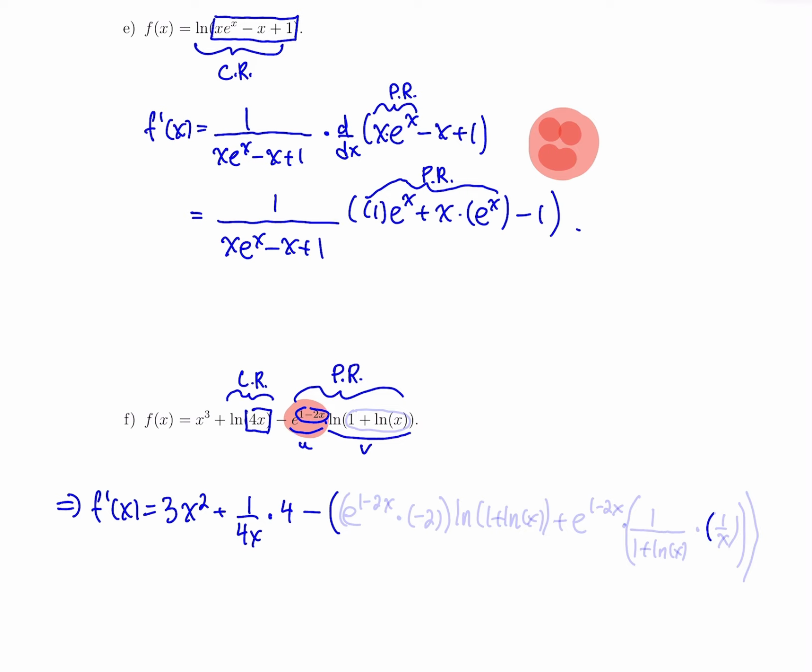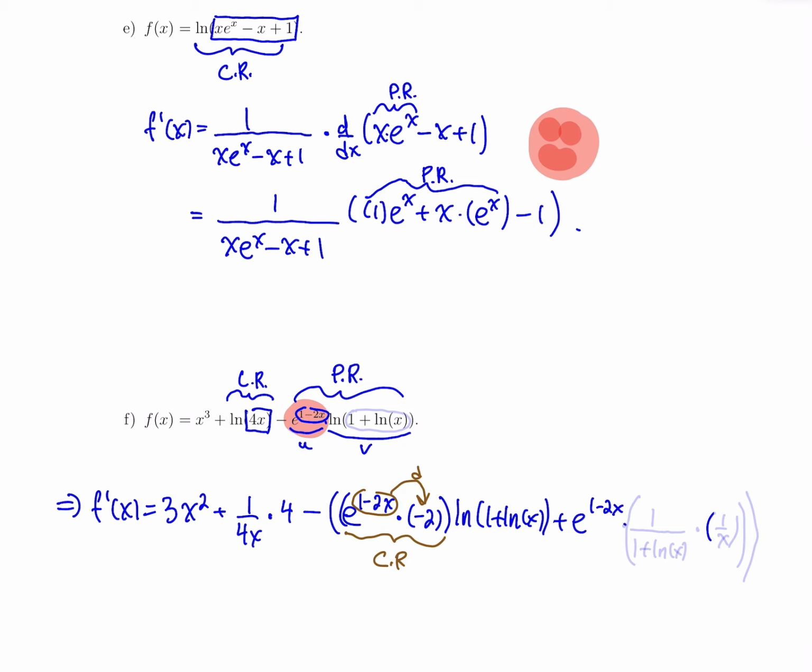When computing u prime, I get e to the power of 1 minus 2x, because by chain rule the e function does not change. But then you need to multiply by the inner derivative. The derivative of 1 is 0, and of minus 2x is minus 2, times the second function, so ln of 1 plus ln of x, plus the first function untouched, that's my u, times v prime.